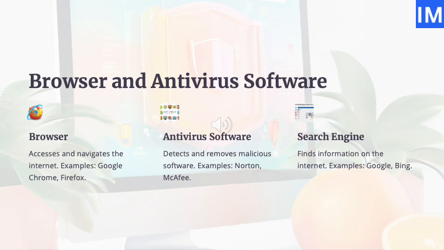We have software such as Kaspersky, Norton, McAfee, or Bitdefender. They detect and remove malicious software to protect your computer. Additionally, we have search engines like Google or Bing, which help you find information online. So I think Bing is not a browser, it's a search engine from Microsoft.